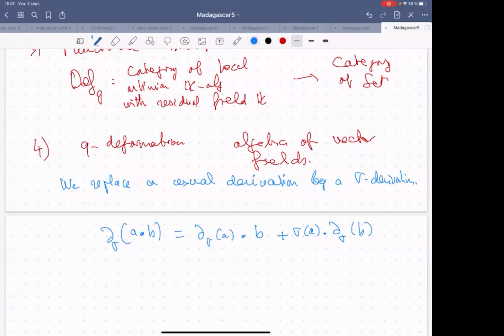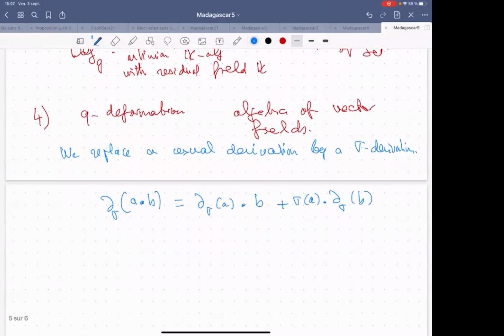Now one interesting example of this is the Jackson derivation. The Jackson derivation is defined like this.